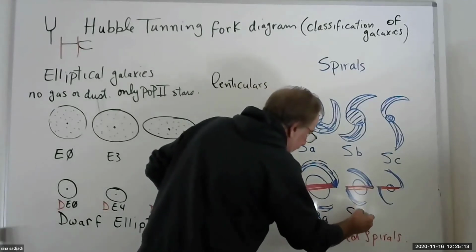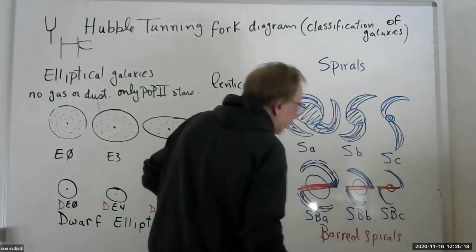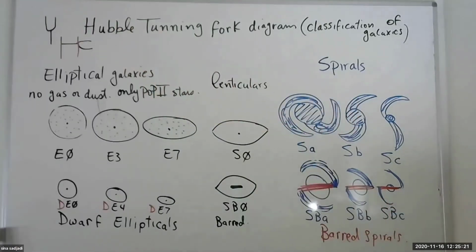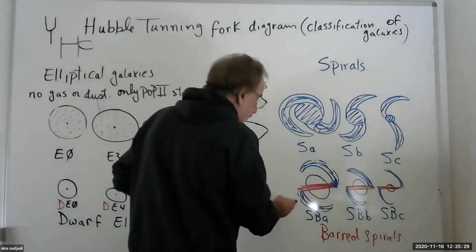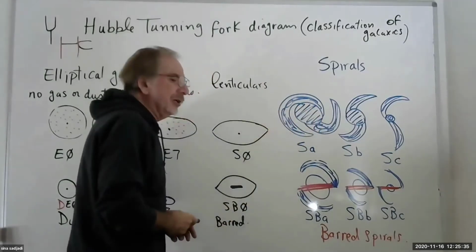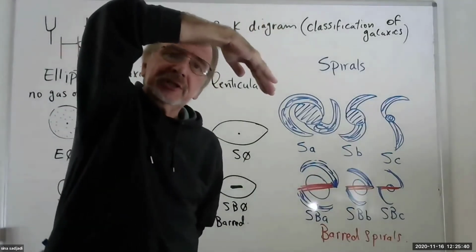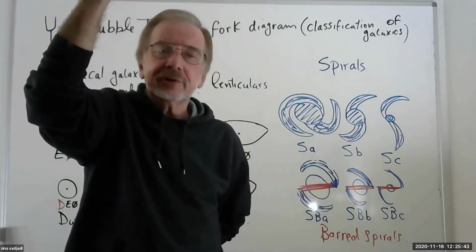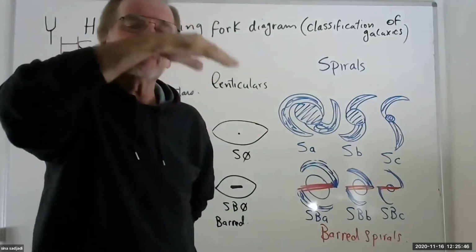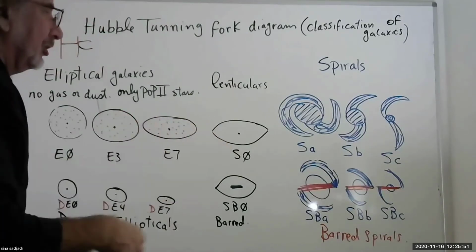S, big B, little b. S, big B, little c. SBA, SBB, SBC, SA, SB, SC. That depends on whether or not they have a bar, and also whether they have a large bulge and very tightly wound spiral arms or kind of loose spiral arms. So it depends on how tight the spiral arms are and how large the central bulge of the galaxy is.